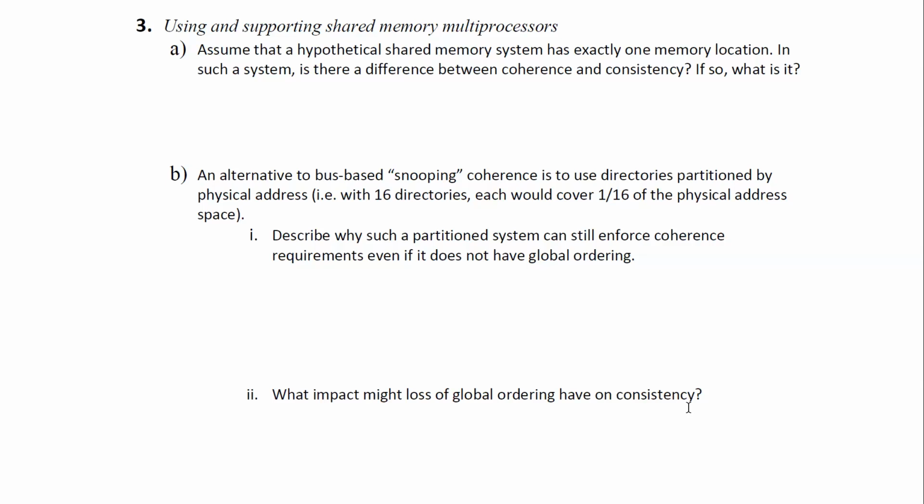A little too specific to redo for the exam, but if I have exactly one memory location, then the logical serialization of a memory location is the logical ordering of all memory operations, which is what consistency is concerned with. So they're actually the same in this degenerate case. If I have a one memory location system, consistency and coherence are the same. And also, I don't know what I'm doing with a one memory location system. I'm not sure I can do much with it.